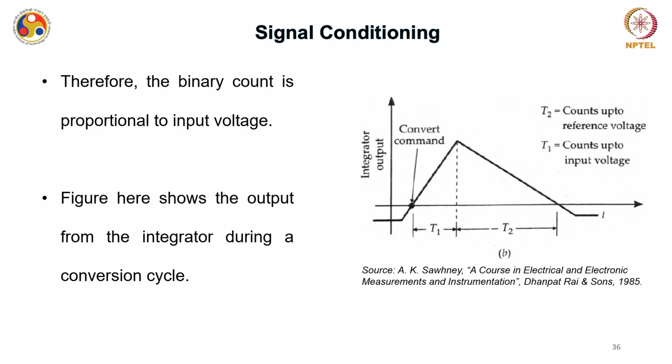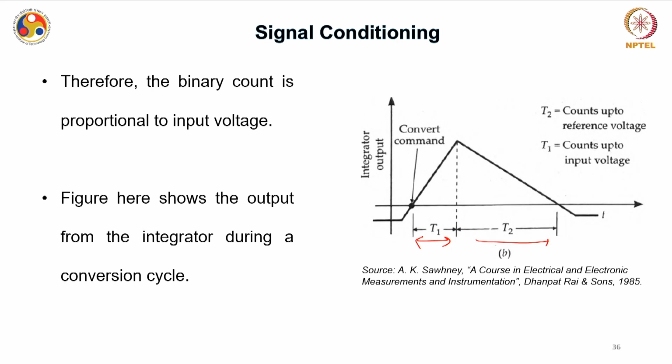Now, the figure here shows the output from the integrator during the conversion cycle. This is the time T1 I was mentioning, and this is the time T2. T2 is the time where the counting is up to the reference voltage and T1 counts up to the input voltage.